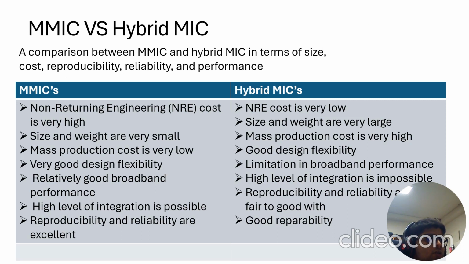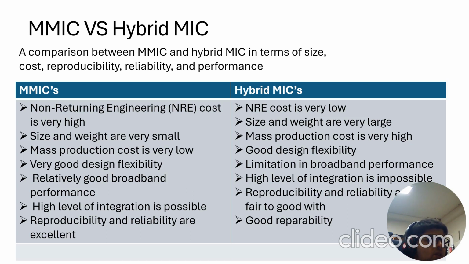Talking about MMIC versus hybrid MMIC, this table shows a comparison between MMIC and hybrid MMIC in terms of size, cost, productivity, reliability, and performance. For MMIC, the non-recurring engineering (NRE) cost is very high, while for hybrid MMIC the NRE cost is very low.